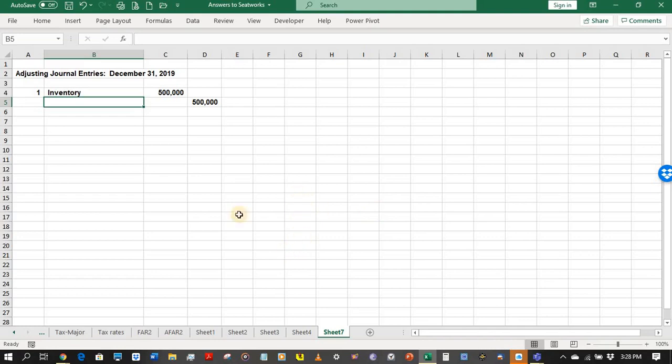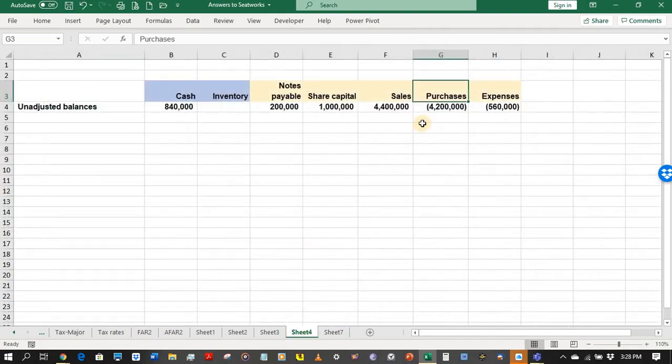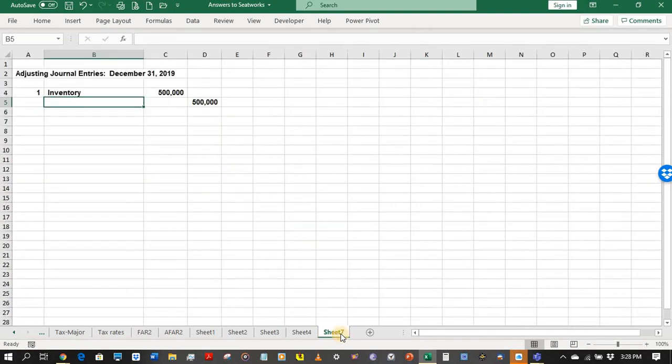Pero pag perpetual, so ang gagamitin nating credit is cost of sales. Though ang ginagamit niya is periodic kasi may purchases, i-convert ko siya ng perpetual kasi medyo mas madaling intindihin yung perpetual kaysa sa periodic kasi napakadaming account title sa periodic kaya minsan nakakalito na. So ang gagamitin ko is cost of sales.